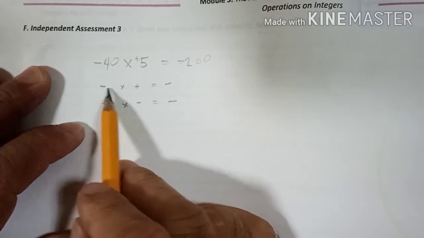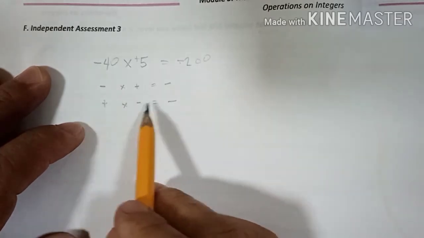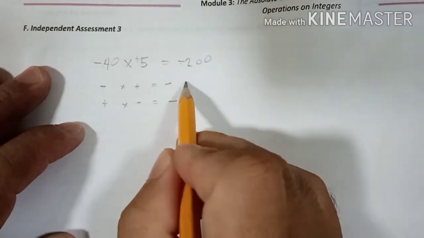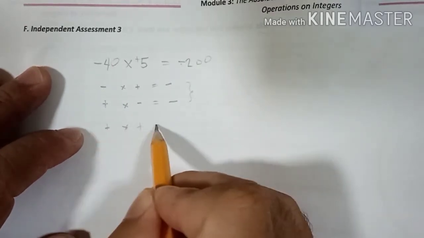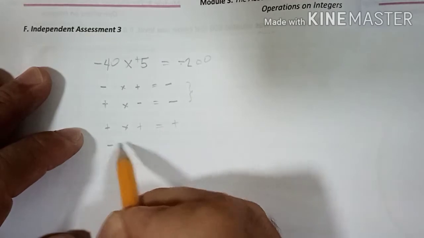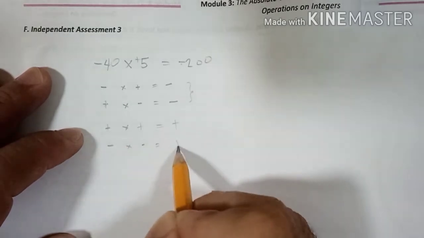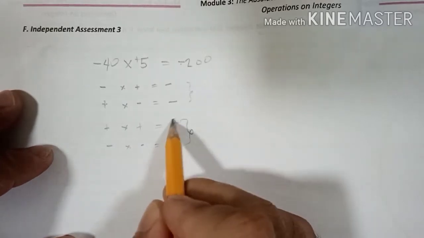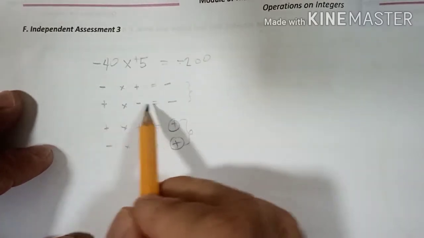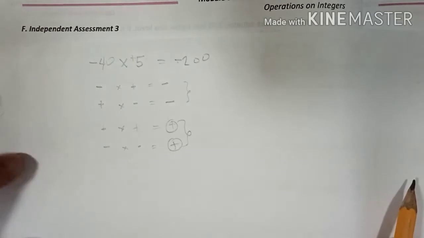Another way of saying, if you multiply different signs, the answer is negative. But when you multiply the same sign, positive times positive, the answer is positive. Negative times negative, the answer is positive. So the same sign, the answer is positive. Different sign, the answer is negative when you multiply and divide.